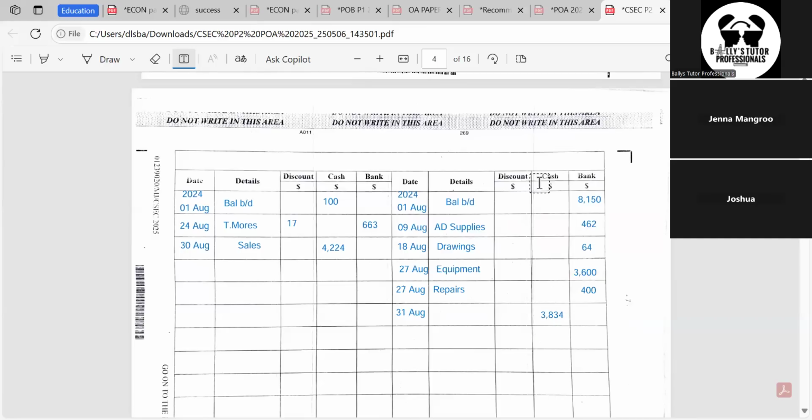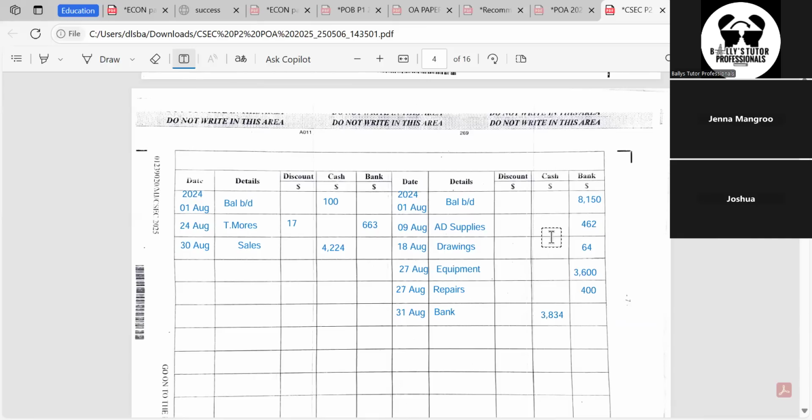I have the money under the cash on the credit side. Then I'm going to put my details, and my details is supposed to be the opposite account being affected. In this case, it's bank. Some people just get mixed up because they see the word bank in details, they just think it's bank being credited. But once it's under the cash column on the credit side, that means cash is being credited.